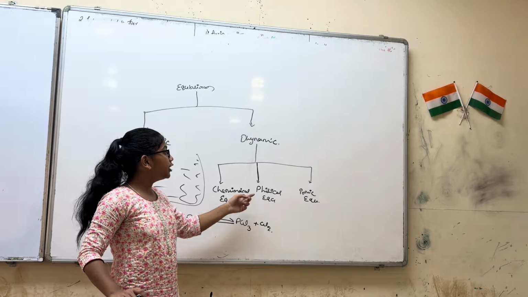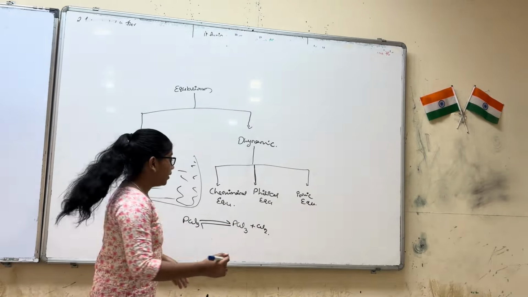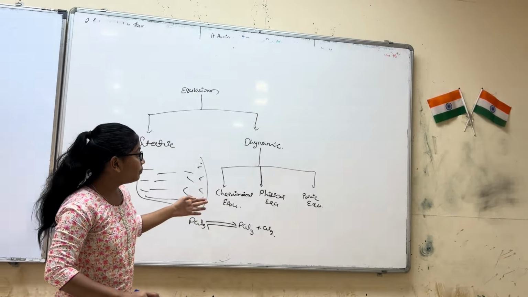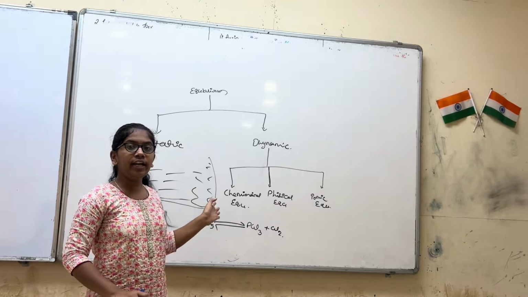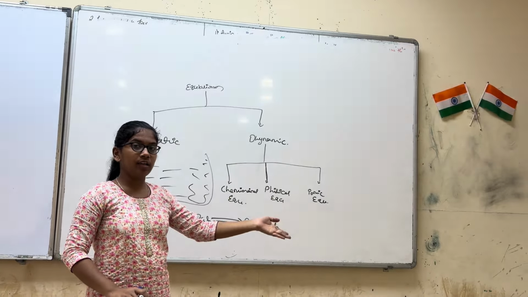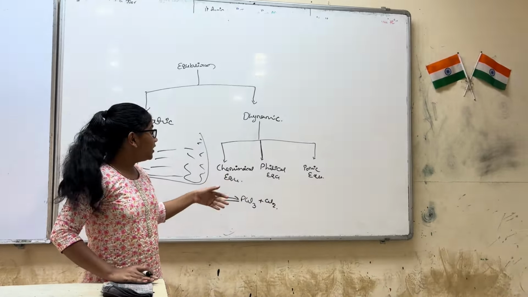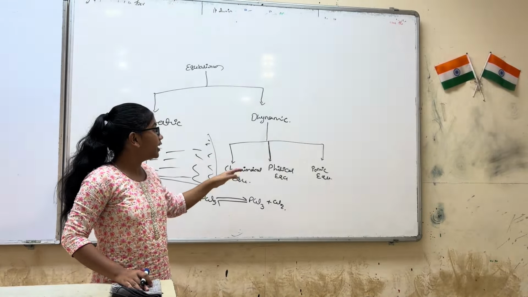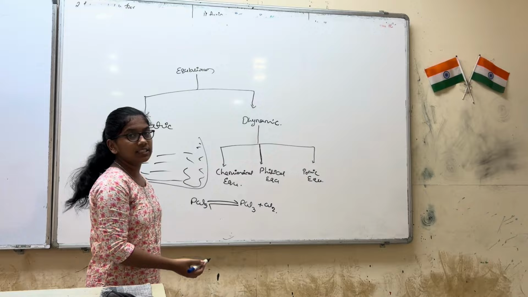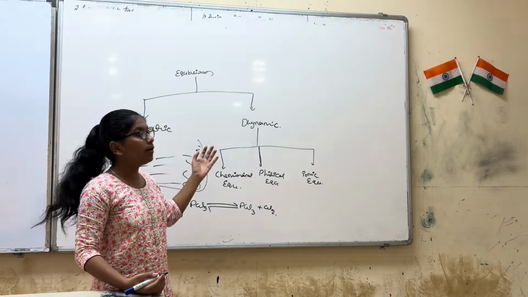It takes place between two phases. An example of physical equilibrium: in the reaction, a solid can convert into liquid and gas in the products. Transfer of phases is called physical equilibrium. Another one is ionic equilibrium. It is also a type of dynamic equilibrium.